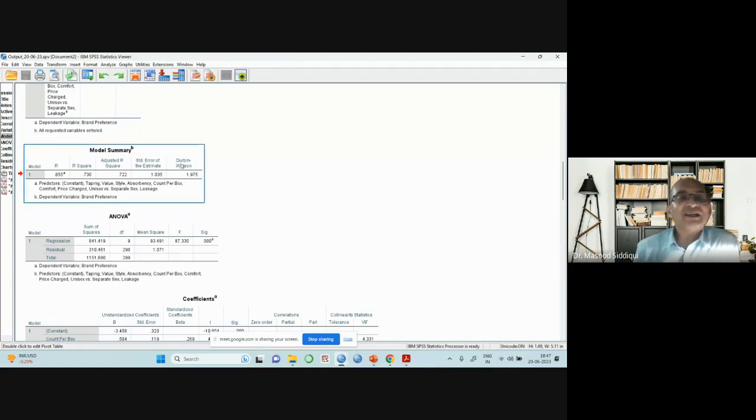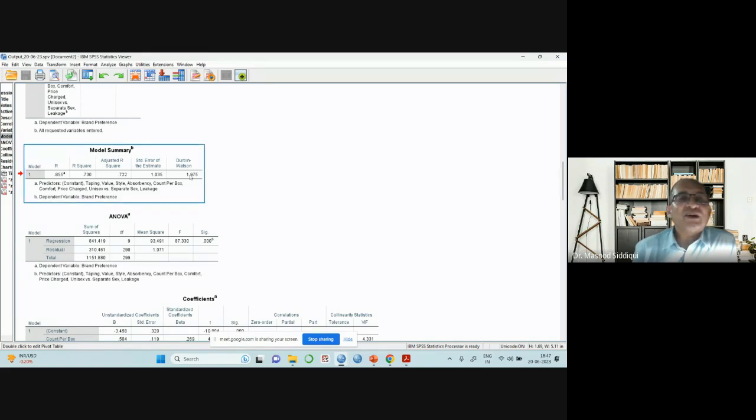Anyway, we are interpreting Durbin-Watson. Remember the thumb rule? The thumb value for the Durbin-Watson statistic for absence or negligible presence of autocorrelation is 2 plus minus 0.75. Means if the Durbin-Watson statistic lies between 1.25 and 2.75, you can say that the autocorrelation is negligible.